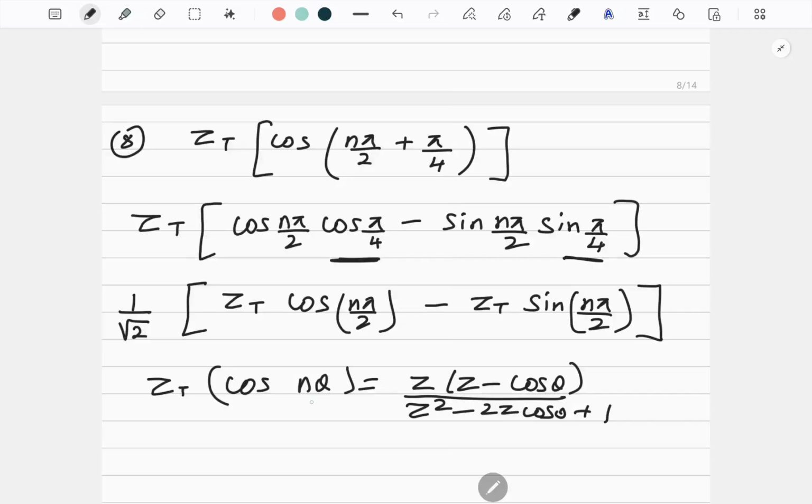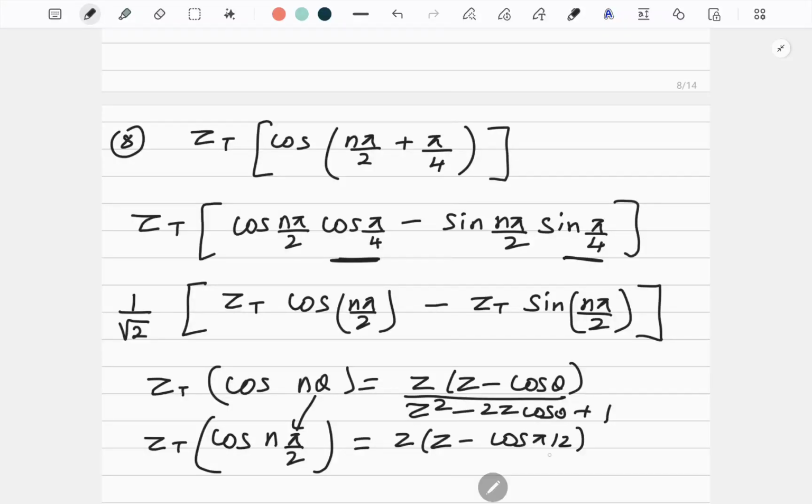So here in place of theta, I need to put pi by 2. So z transform of cos n pi by 2, theta means pi by 2. Okay, see. So just substitute z minus cos pi by 2 upon z square minus 2z cos pi by 2 plus 1.